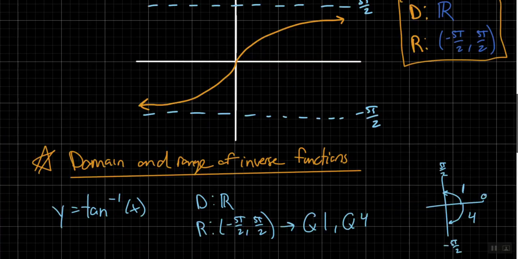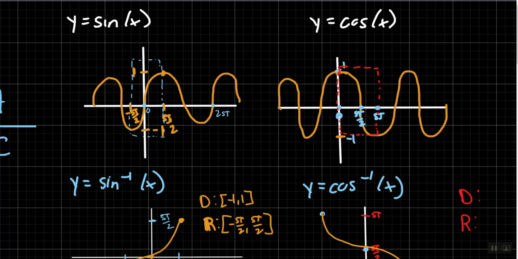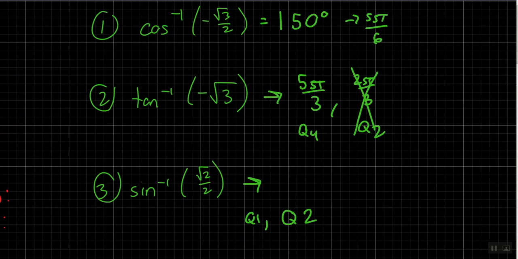Yeah, okay. So I can't do quadrant 2. Where were we in quadrant 1? Yes, 45 degrees. Or the same as pi fourths.